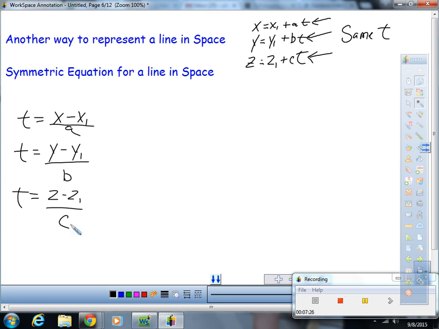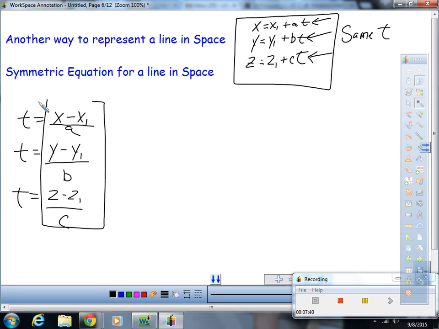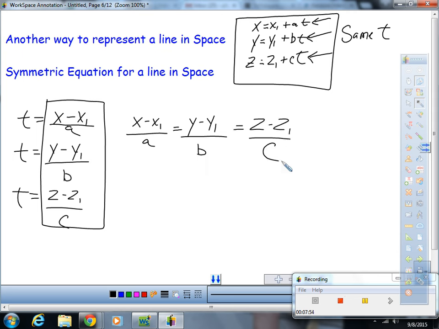So another way to write our parametric equations, which is what I just boxed, that represent the equation of a line in space, would be to set these three things equal to each other simultaneously, and that would be x minus x1 over a equals y minus y1 over b equals z minus z1 over c, and you're probably already getting overwhelmed.